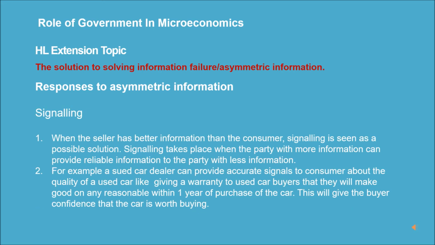Signaling. 1. When the seller has better information than the consumer, signaling is seen as a possible solution. Signaling takes place when the party with more information can provide reliable information to the party with less information. For example, a used car dealer can provide accurate signals to consumers about the quality of a used car, like giving a warranty to used car buyers that they will make good on any reasonable repairs within 1 year of purchase of the car.